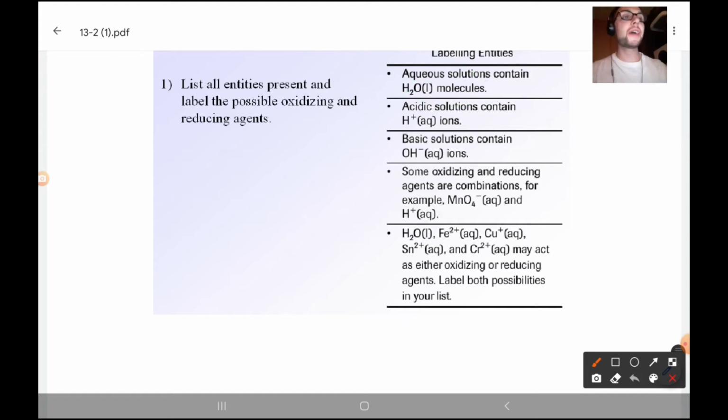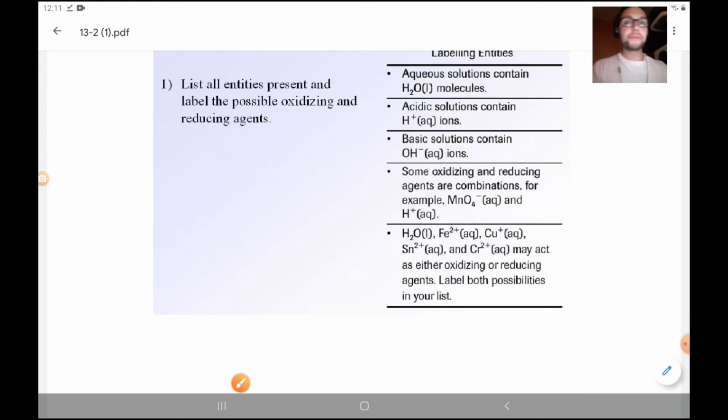As well, when you have any acids, especially strong acids, they're going to separate into H+. So like I mentioned before, if we had HNO3 and that is a strong acid, when we list these ions, they're going to be H+ and NO3-.